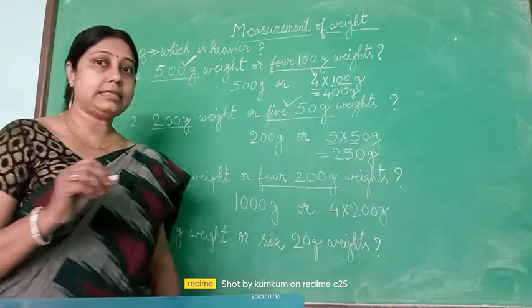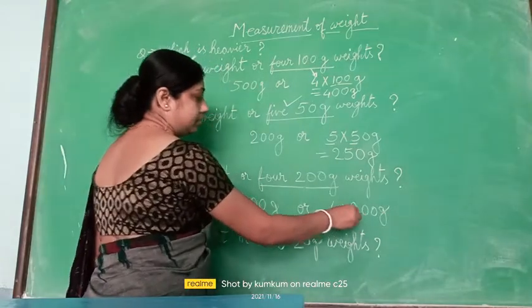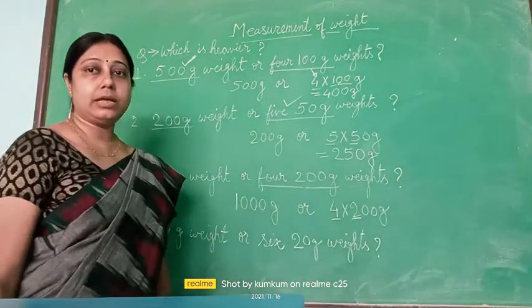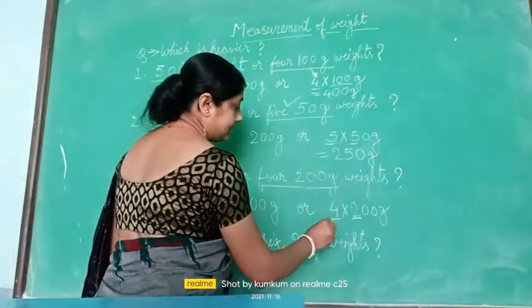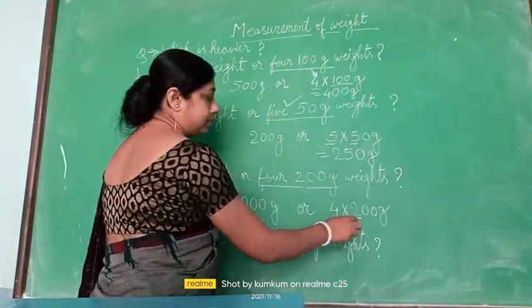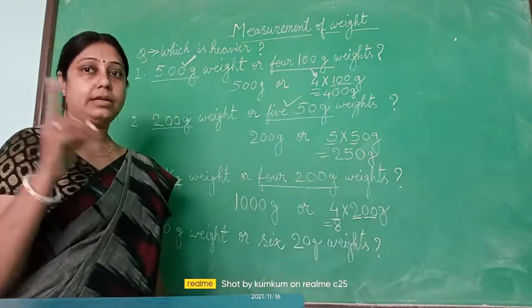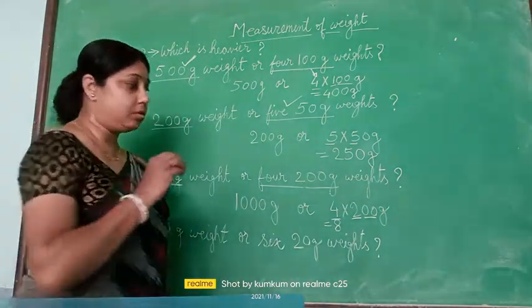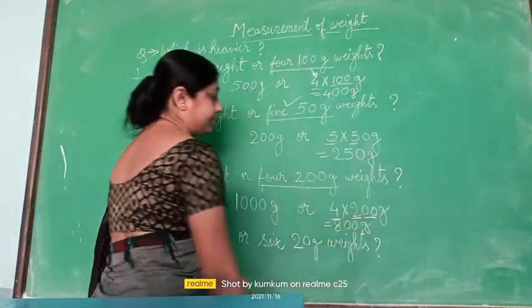Here the digits are 4 and 2. So 4 twos will become what? 4 twos is 8. And how many zeros are there with 200? 2 zeros are there. So I am going to add these 2 zeros here, and it will become 800 gram.